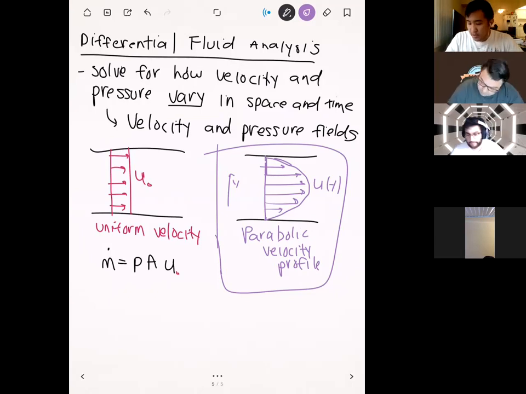But there might be some situations which call for the type on the right, where we really want to solve for a detailed map, or a detailed description, of how velocity and pressure vary in a fluid. This is especially important for applications that involve drag or shear stresses.